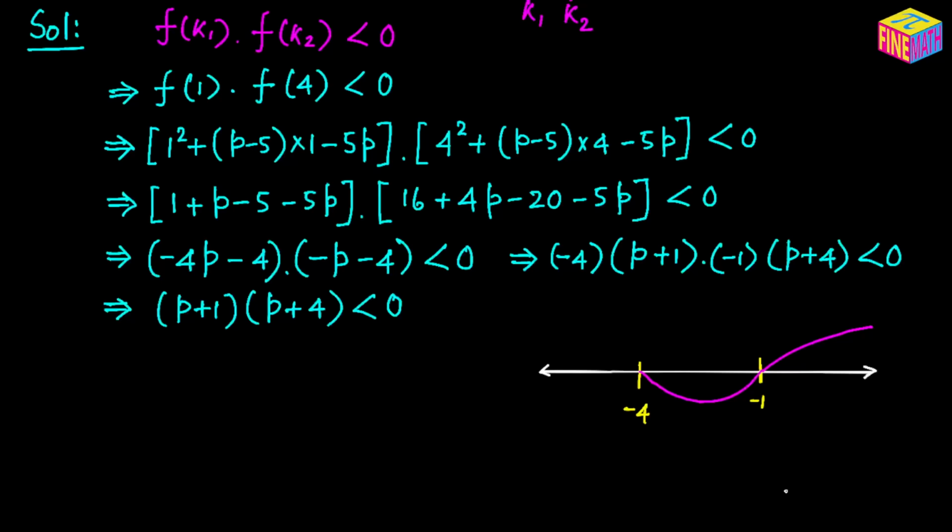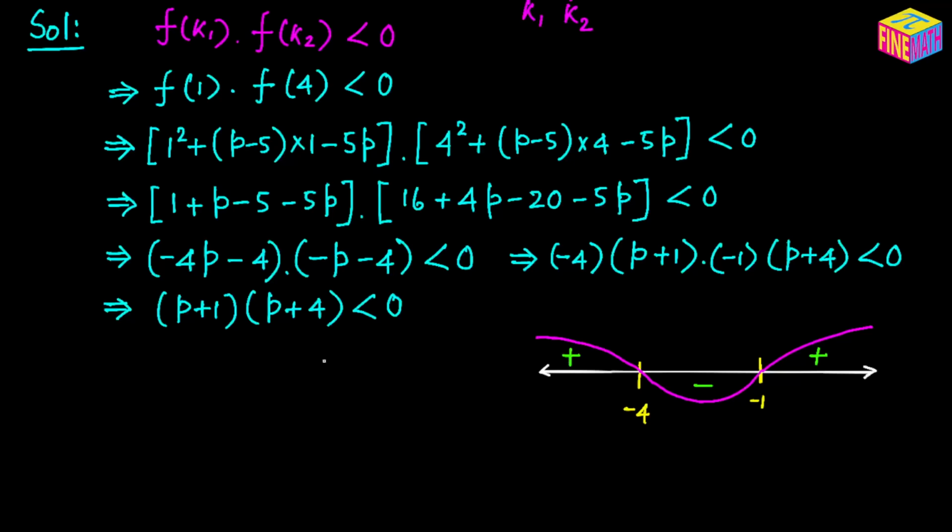And now let's see what happens when we go to the left hand side of negative 4. Well, negative 4 is a critical point that came from the factor p plus 4, and that factor also has a multiplicity of 1, meaning its exponent is 1. So when you go to the left hand side, the sign will change again. So then the value of the expression will become positive again. So I'm going to draw it like this. And now if we denote that with the sign, this would be the positive zone, this is the negative zone, and this is the positive zone.